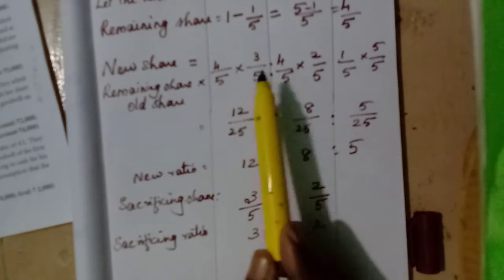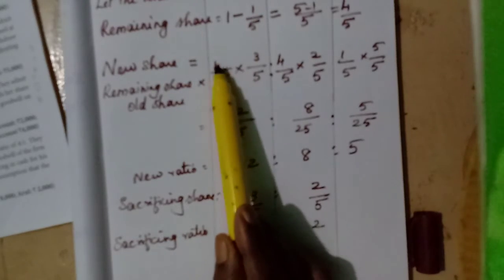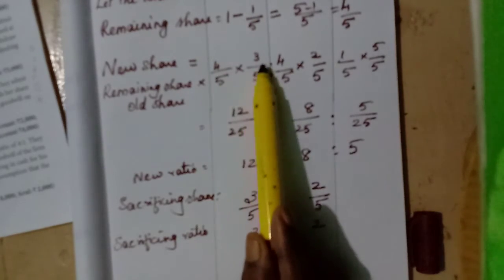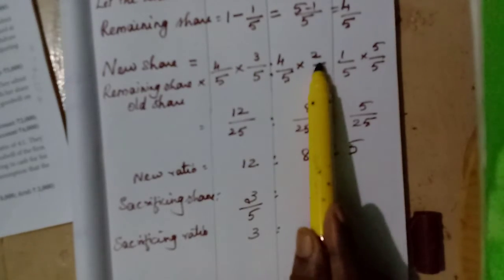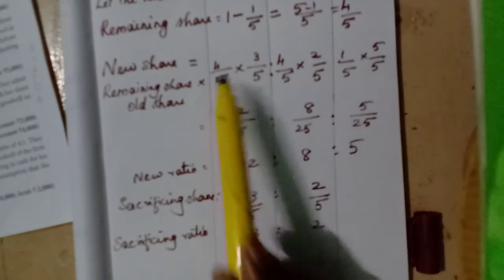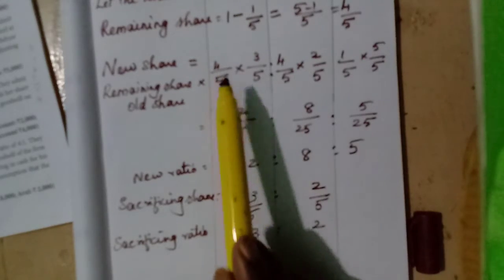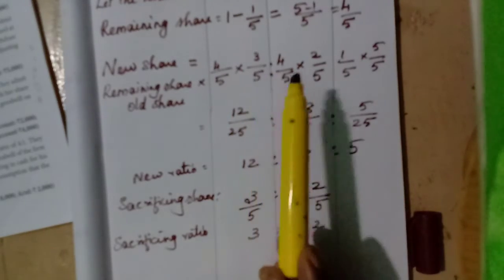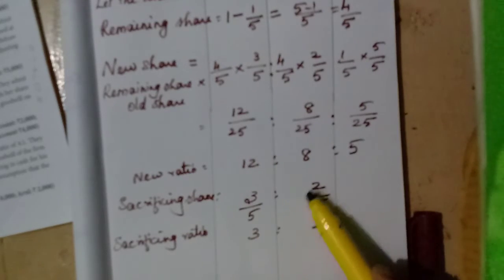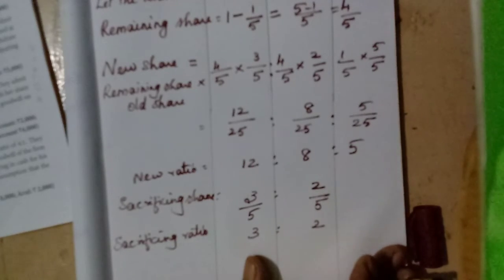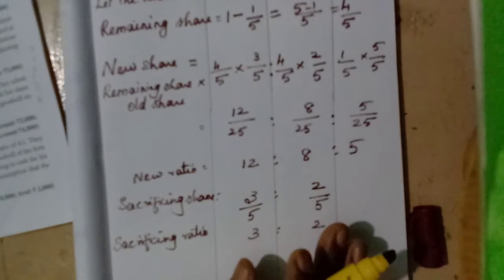Sacrificing share, because here you see they are multiplying this 4/5. He is taking 3/5. From the remaining share, he is taking 2/5 of the remaining share. So the new share 1/5. Understood now? That is what they are going to sacrifice. That is why we get the same 3/5, 2/5. Okay. Share sacrificed is not given.